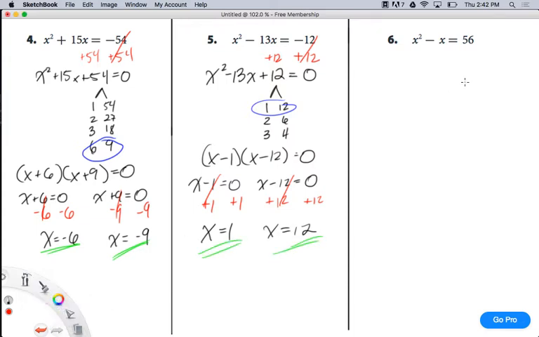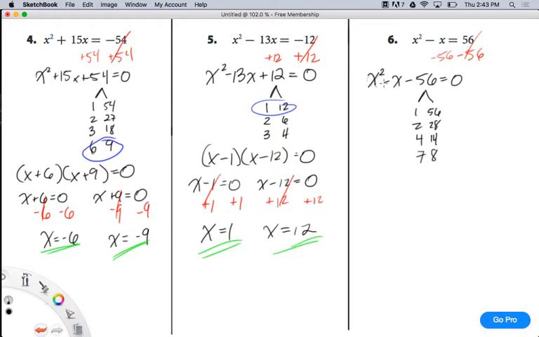Last one here. Subtract 56. I get x squared minus x minus 56 equals 0. Factor this out: 1 and 56, 2 and 28, 3 no, 4 yes, 4 and 14, 5 no, 6 no, but 7 and 8.